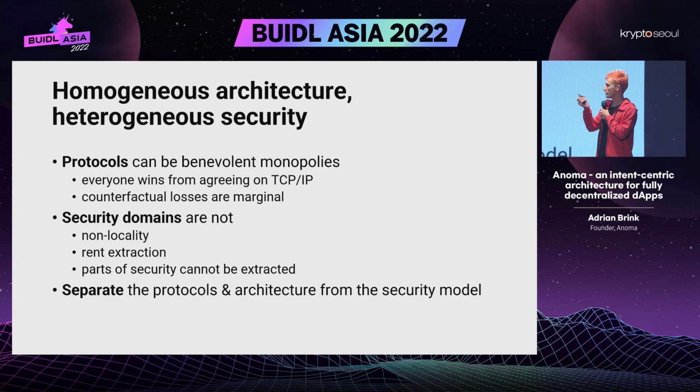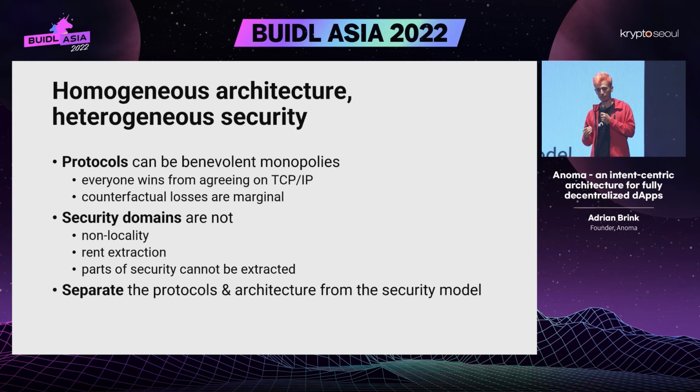But importantly, security domains shouldn't be monopolies because they can extract rent, they can steal funds, they can freeze funds, and different people fundamentally will have different preferences for what security domain they're comfortable with. Maybe some people really want to hold all their assets on global Ethereum, and that is totally fine, right? That should be their choice. Maybe they consider this to be the most secure.